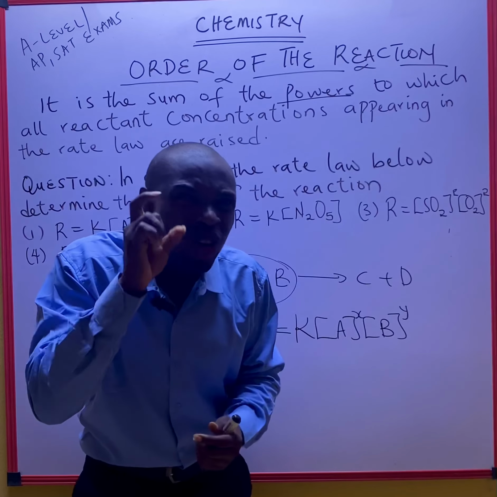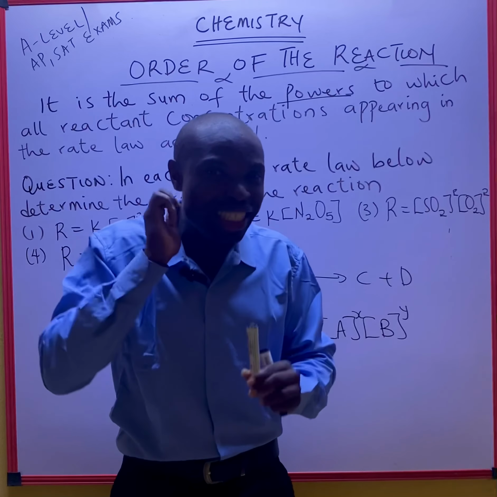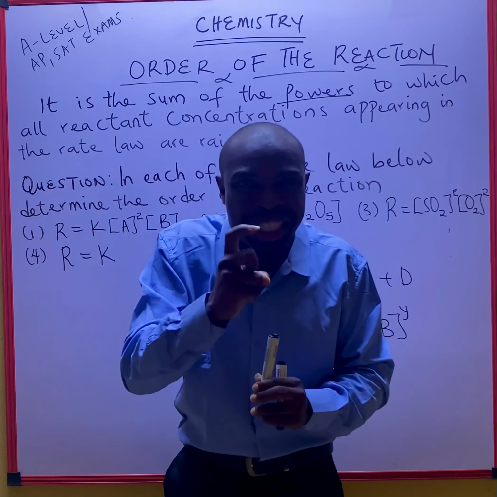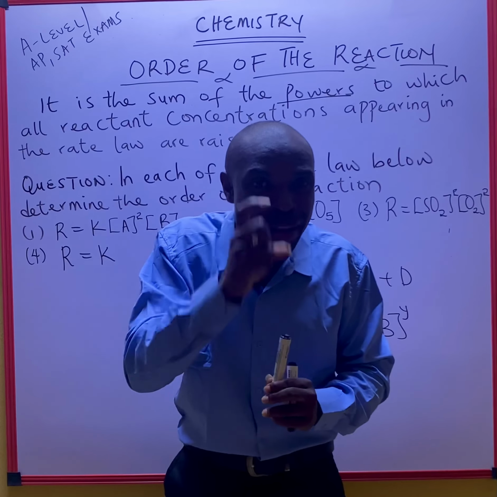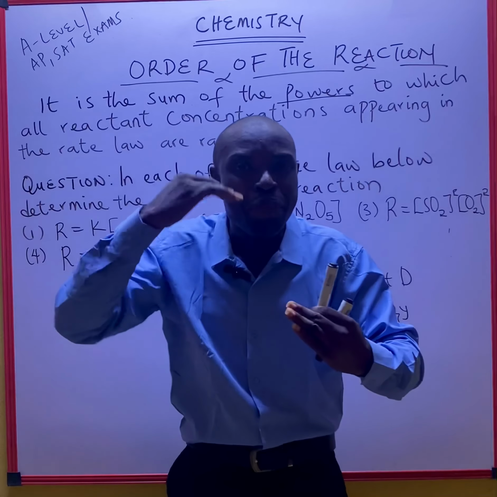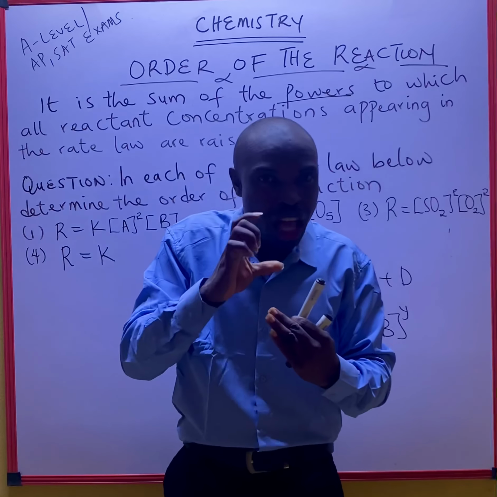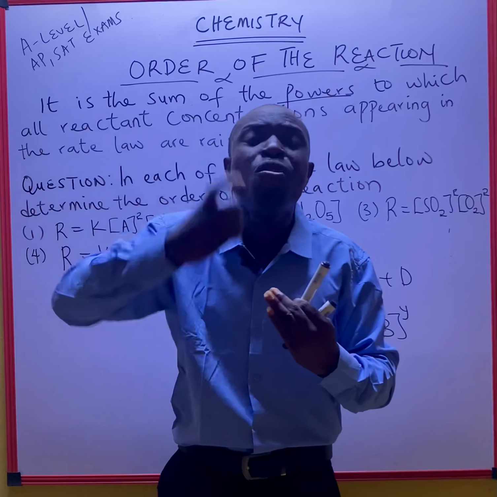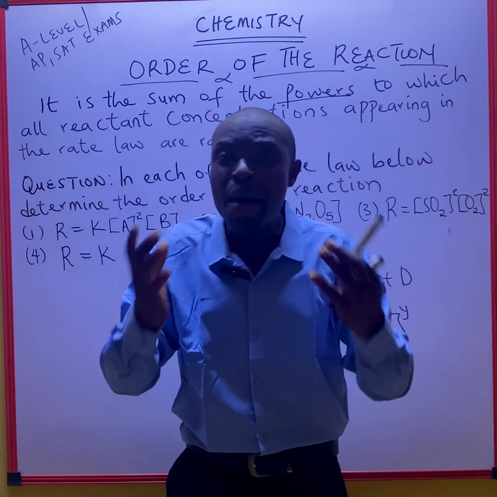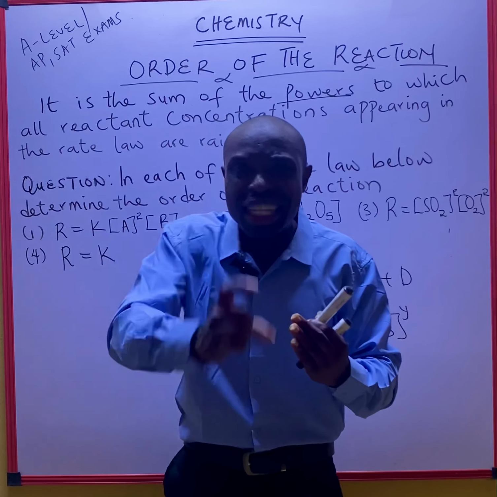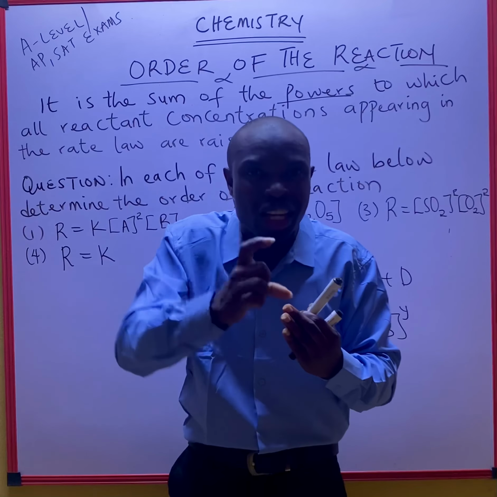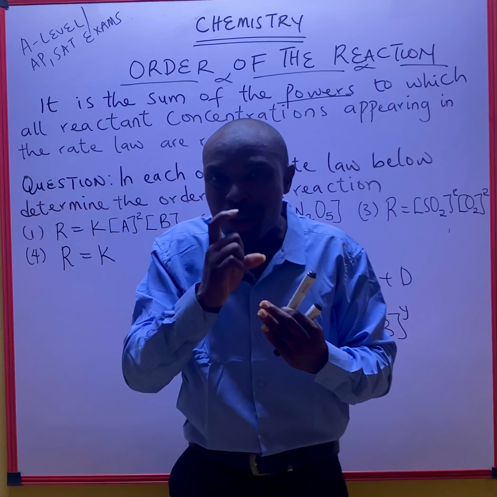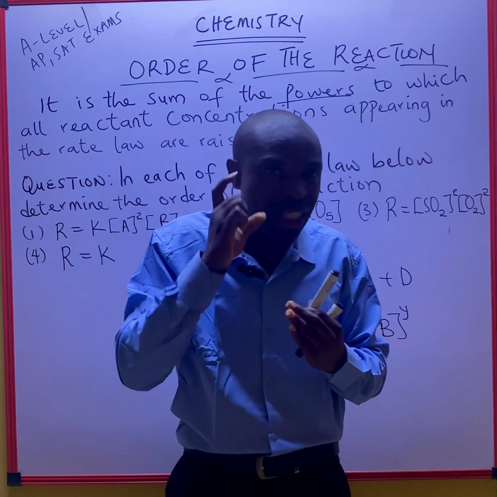Why? The order of a reaction, please take note, can only be gotten by experiment or by experimental data. It is common in most A-level exams that I've examined and supervised, that the order of a reaction can be obtained only by experimental data.